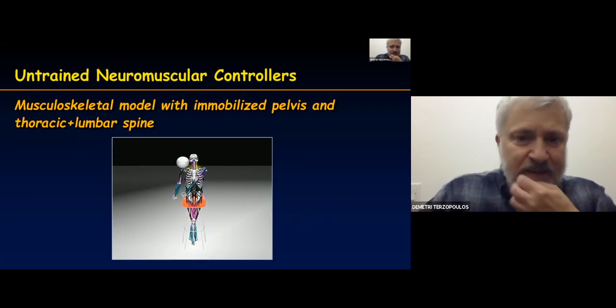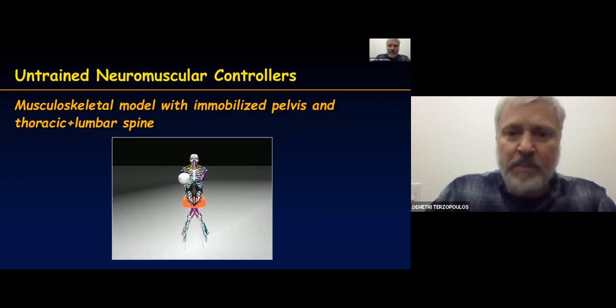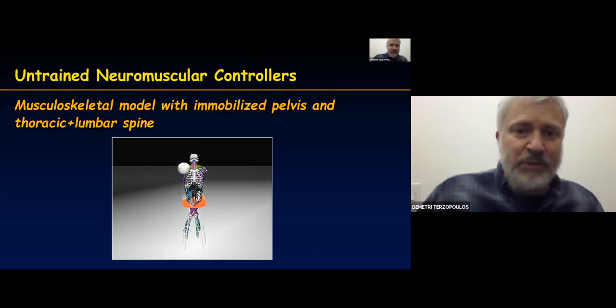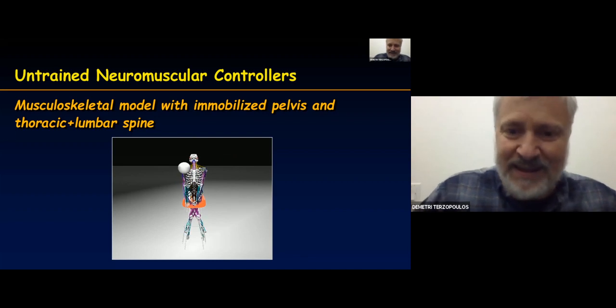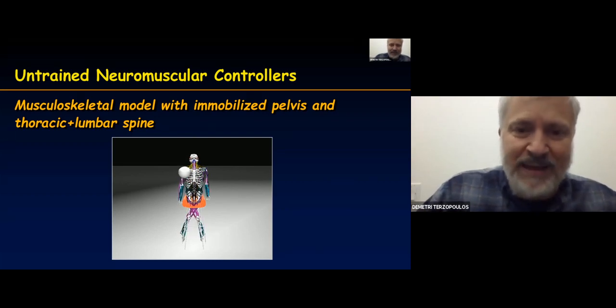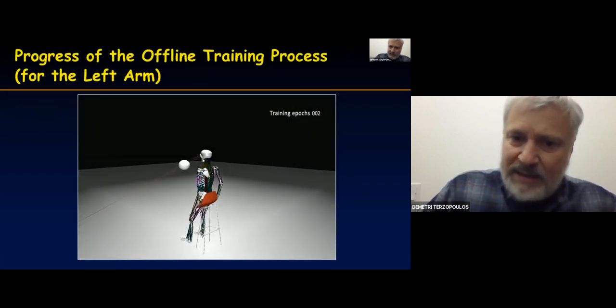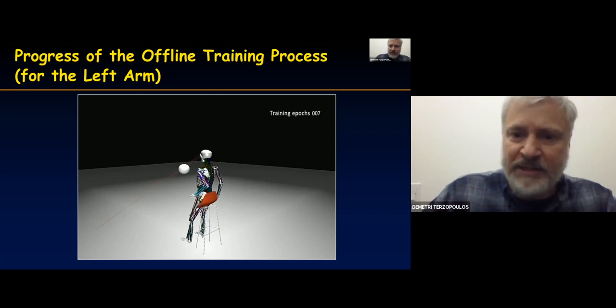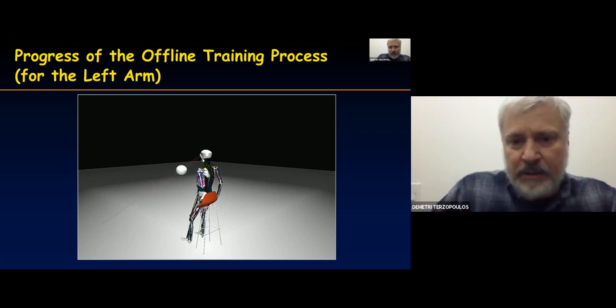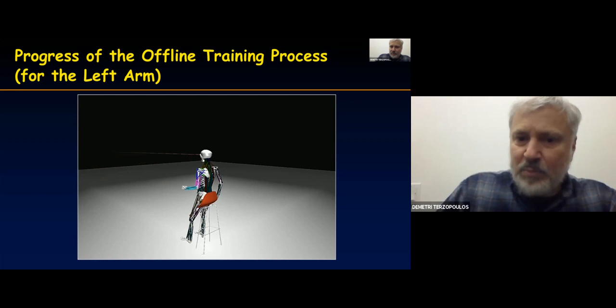So now you can see the learning process. At the beginning, the model is totally out of control. The arms and the legs are just flying around wildly, and it can't do the right thing. But as we give it more and more training data and more epochs in the training process, it learns how to control its arm.